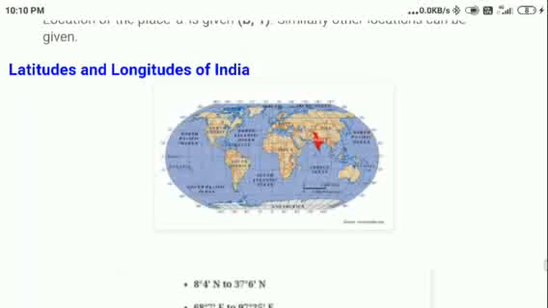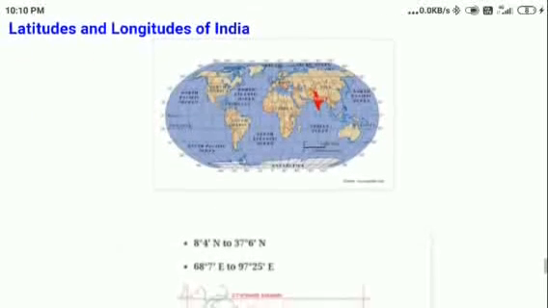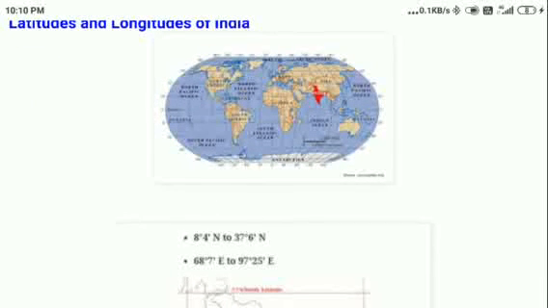Now let us talk about the latitude and longitudes of India. Here in this map you can see this red colored area. It is our India. It has values of latitude as well as longitude. Latitudes are the horizontal lines and longitudes are the vertical lines.